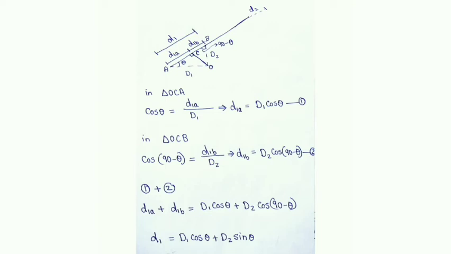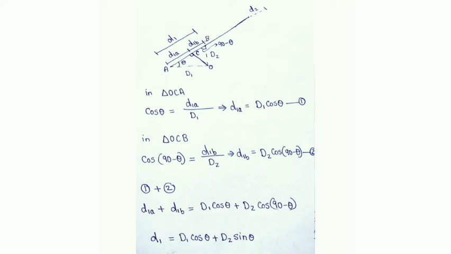Now consider the smaller triangle OCA, which is also right-angled at C. So in this triangle, cos theta is equal to adjacent side divided by hypotenuse, which is equal to d1a divided by capital D1.